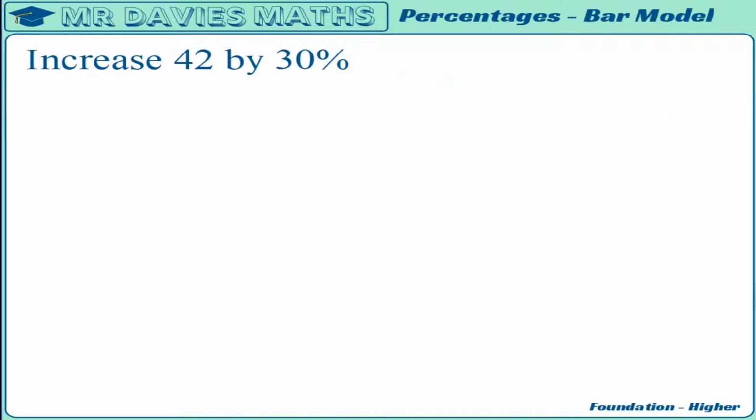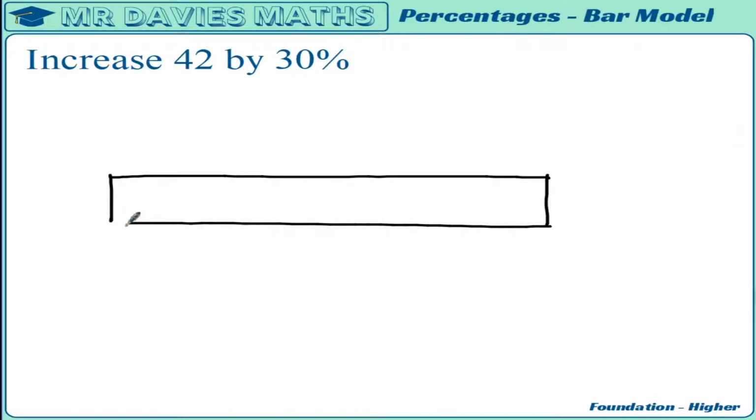All right, increase 42 by 30%. So here come my 10 boxes. You can see how quickly I can draw these. I've got 42, which means in each box is 4.2.